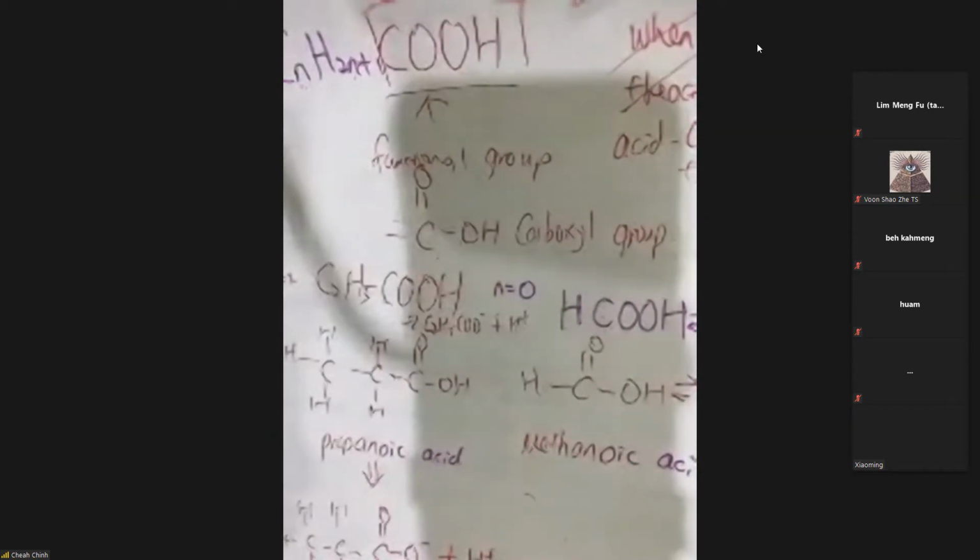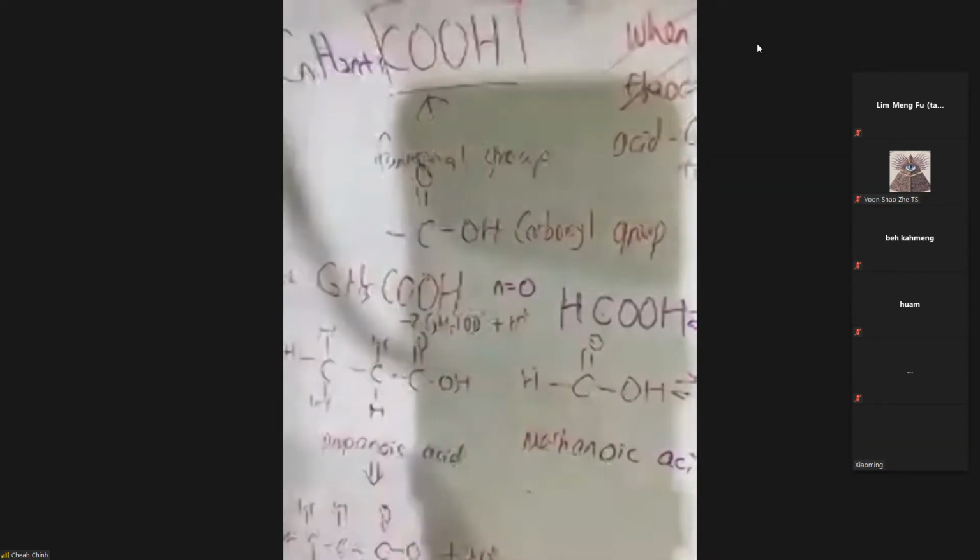Because of the presence of COOH, the carboxylic acid, simple molecules are soluble in water.